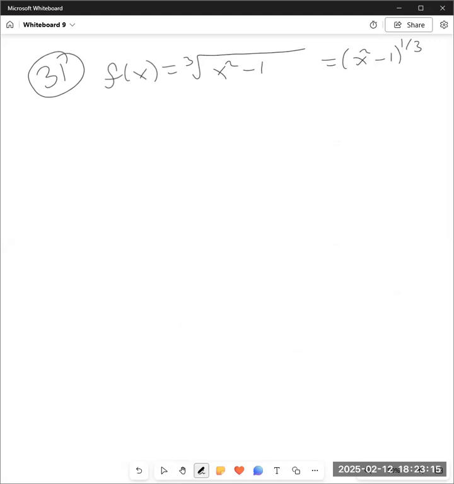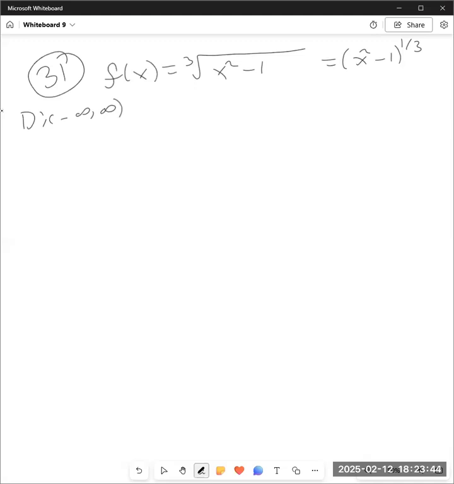I can stick in any number for x that I want to here because I can take the cube root of positive or negative numbers or 0. So there's nothing wrong with sticking in any x value here. So my domain is going to be negative infinity to infinity.